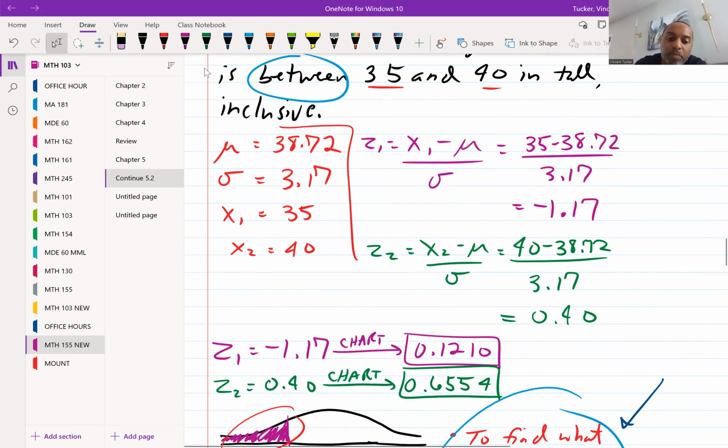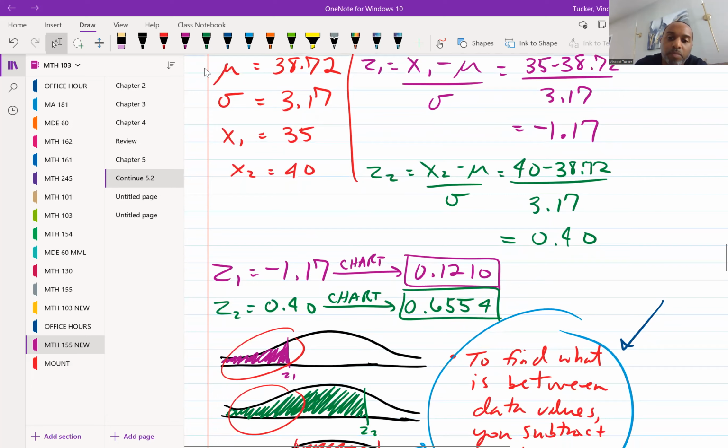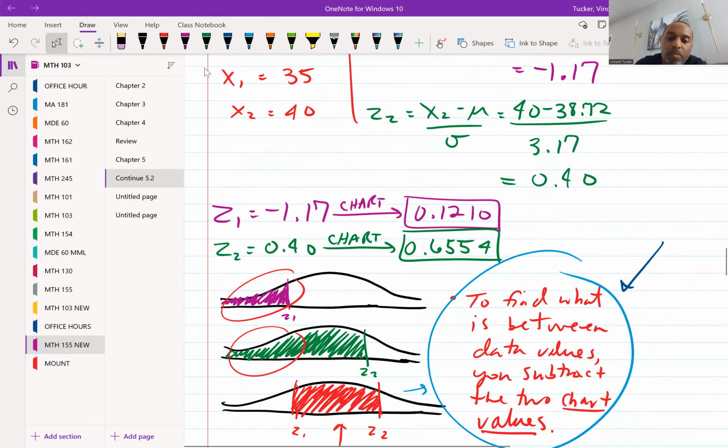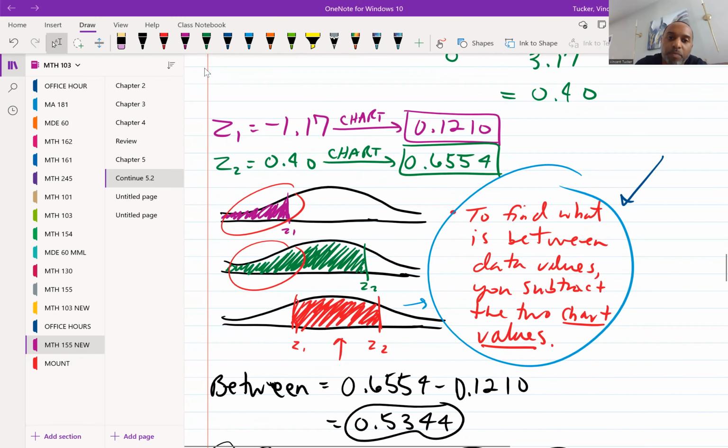All right, let's go look. So this is just a diagram showing you a visualization of what's actually happening and why we're subtracting. So, z1 is right here to the left. This is to the left of z2. So if I wanted to get what's in between them, I would just subtract this part over here.